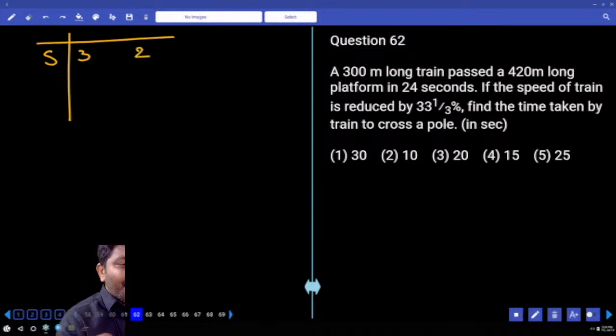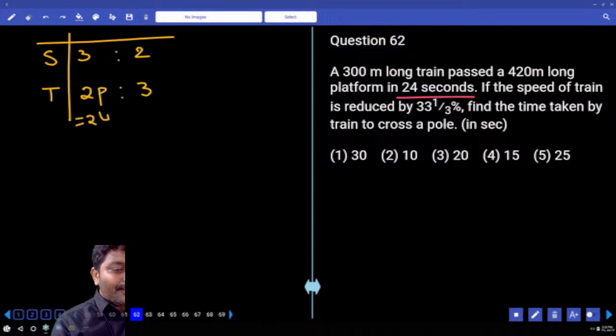And now what do we need to say? So if the speed ratio is 3:2, what is going to be the time ratio? 2:3. Now what is the original time? That means 2 parts is equal to 24 only. Then 3 parts is equal to 36. 3 parts is equal to 36.